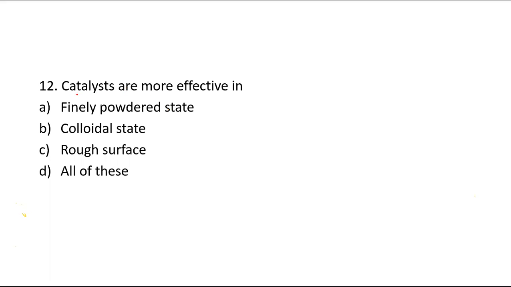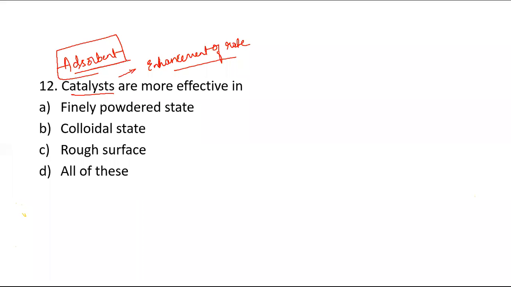A catalyst, you can consider this as an adsorbent, because catalysts are involved in the enhancement of the rate of the reaction. So a catalyst acts as an adsorbent. It provides a surface for the reactants to give products. So when will it be more effective?